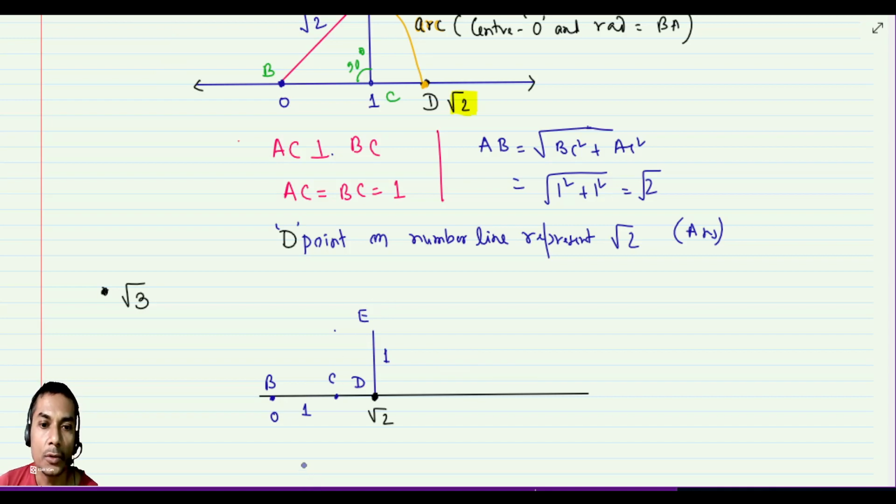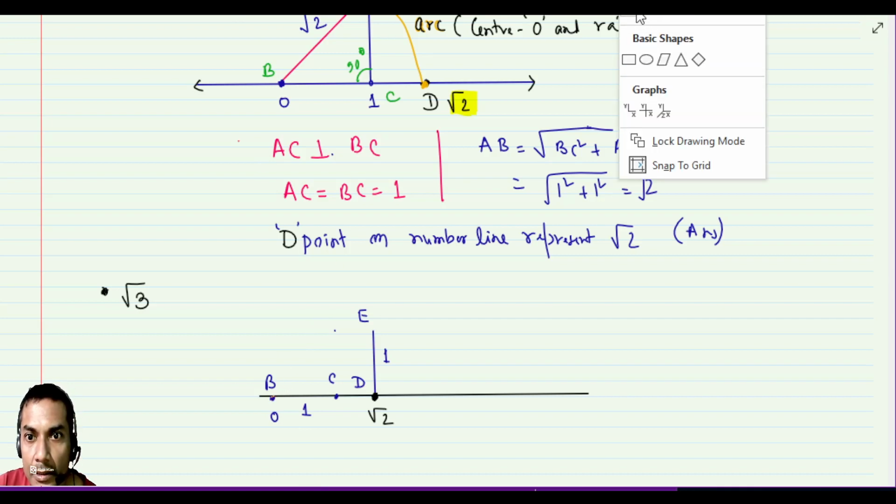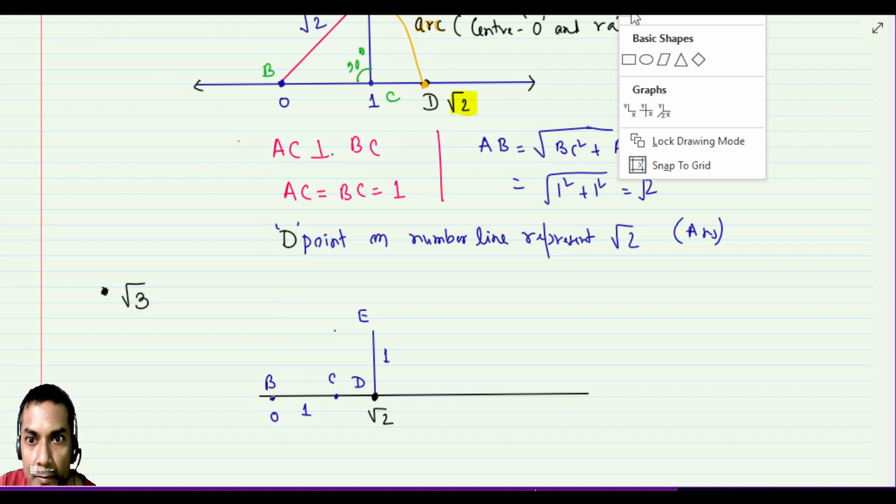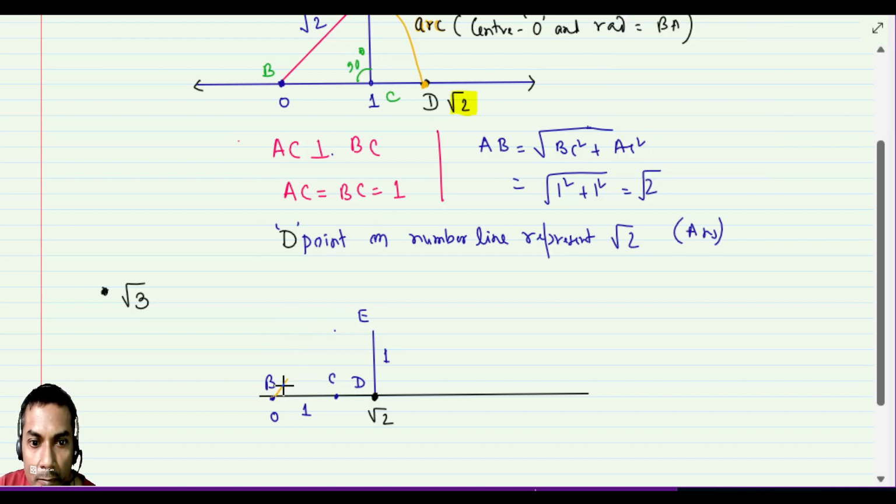Then you connect this hypotenuse. Clear?